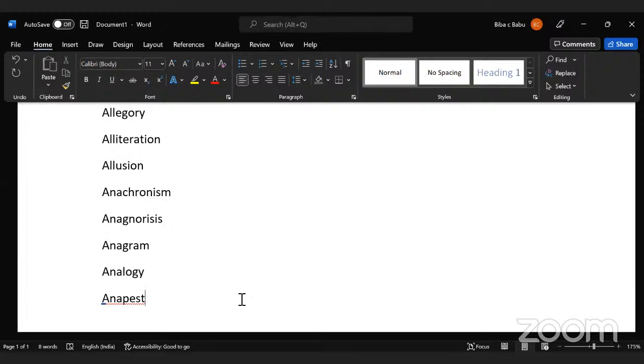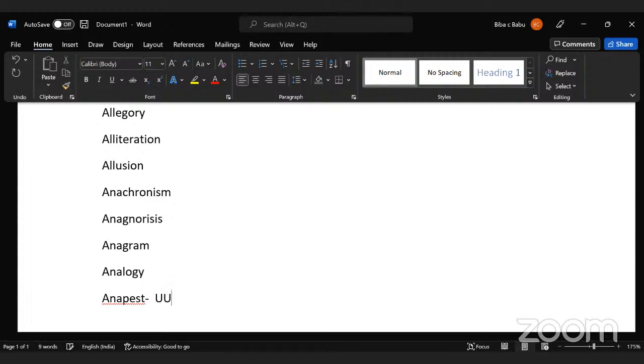Stressed syllables are represented by a slash mark, and an unstressed syllable is represented by a U shape. Okay. U is unstressed and slash is stressed. So what does Anapest mean?